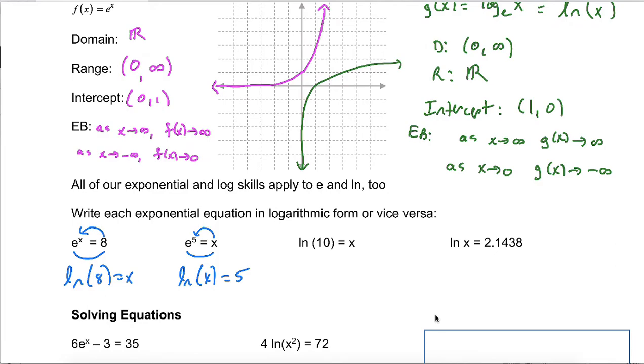We can do that for logs also. ln of 10 means log base e of 10 equals x. So that means exponential with a base of e. So e to the x is equal to 10. Or e to the 2.1438 is equal to x.